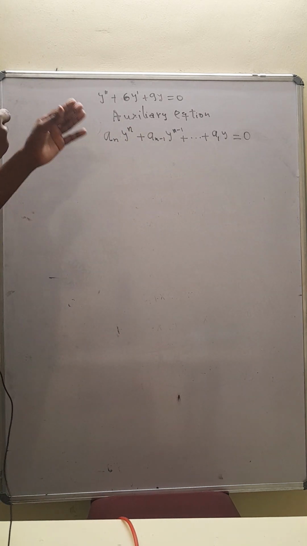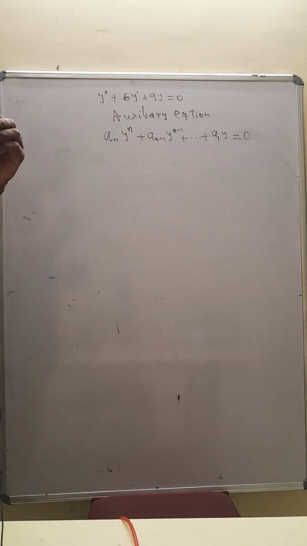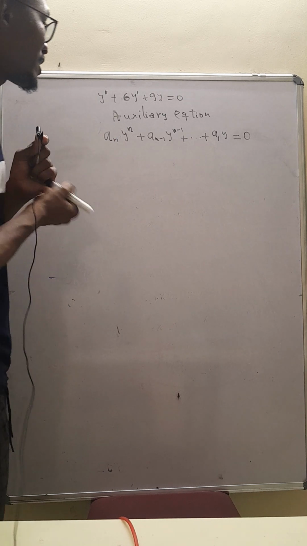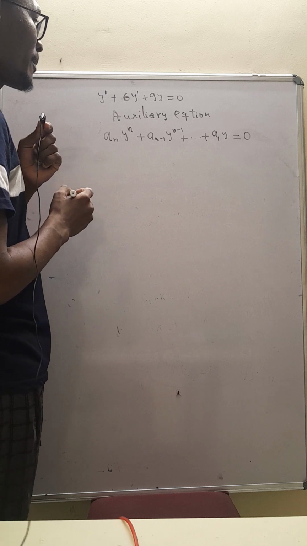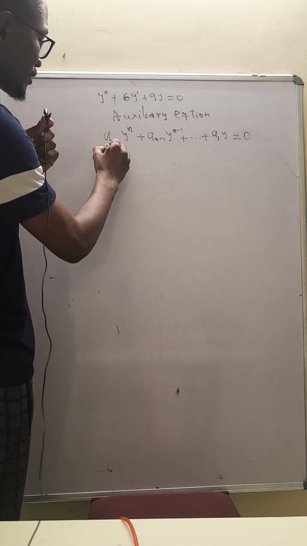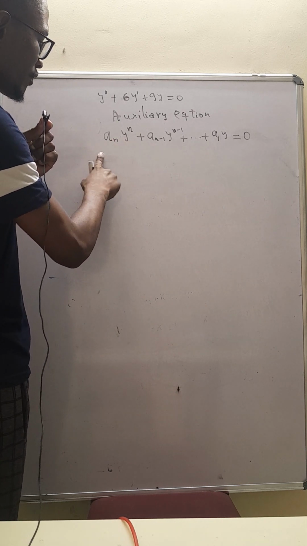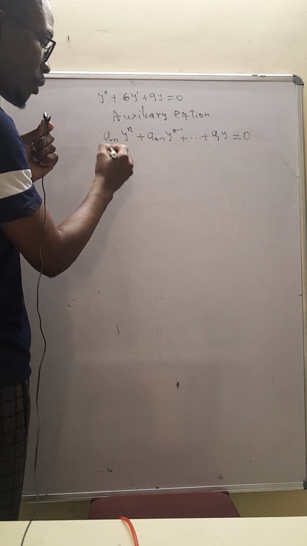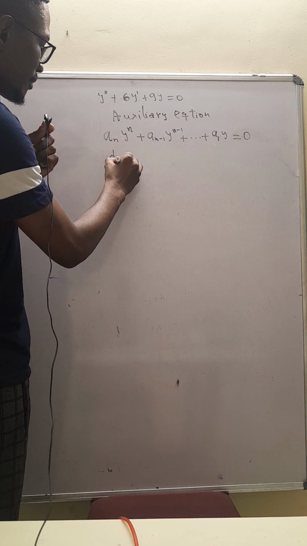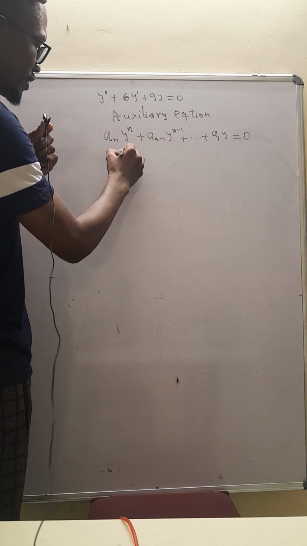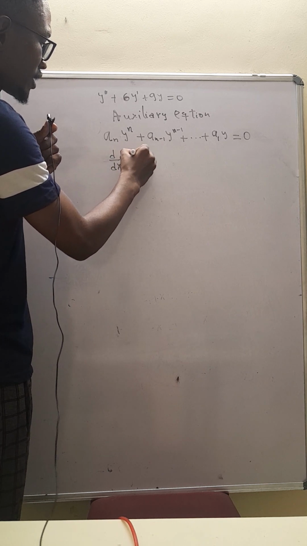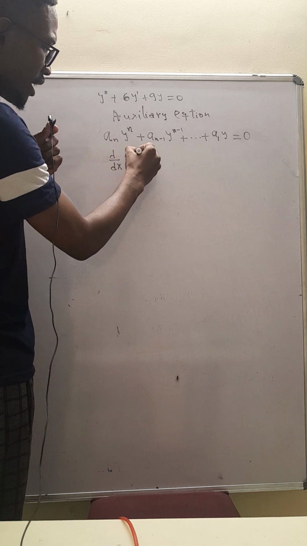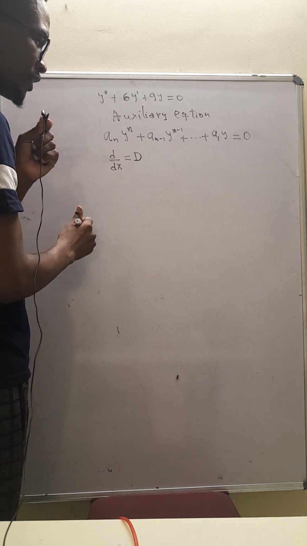So what is the auxiliary equation? It is the equation where we have to consider this part over here. We consider the operator D of x, just the operator, as equal to D.